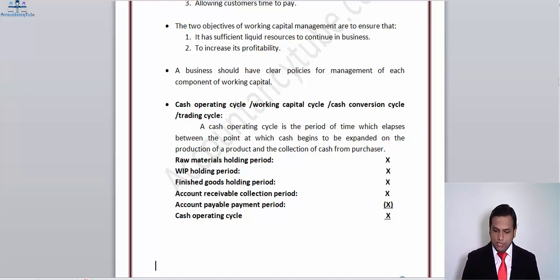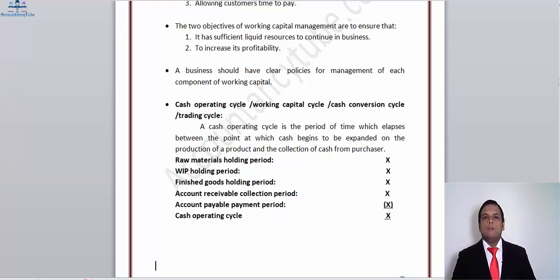Now, the cash operating cycle is the period of time which elapses between the point at which cash begins to be expended on the production of a product and the collection of cash from the purchasers. It will tell the duration from the first point to the end point.